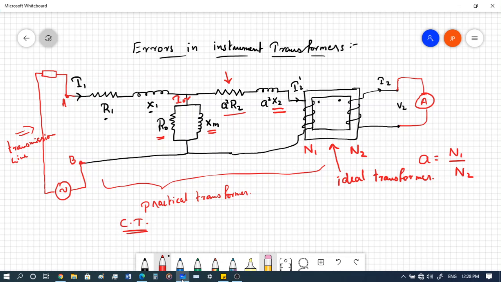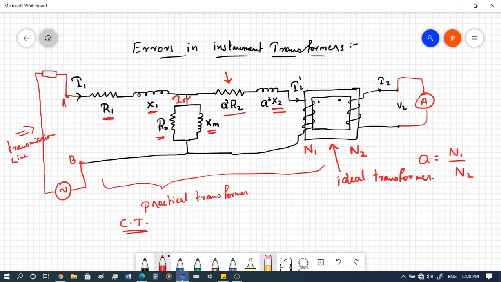I hope you guys already know about the equivalent circuit of the transformer, so I'll give you a small briefing. Here we can see this is R1. R1 corresponds to the primary side coil resistance. X1 corresponds to the primary side coil reactance, and then you have R0 and XM.